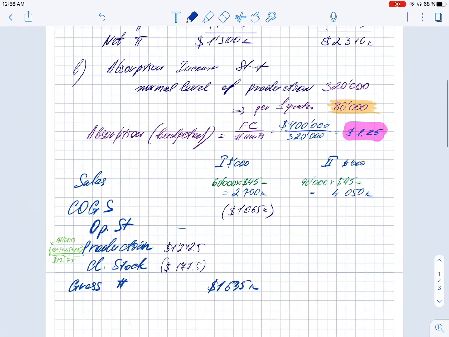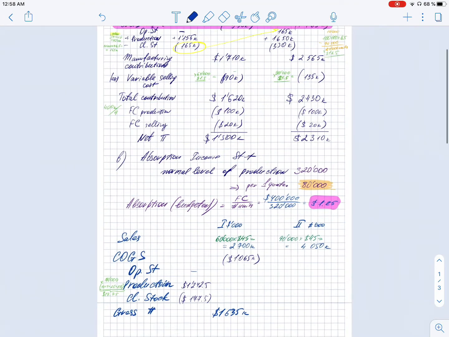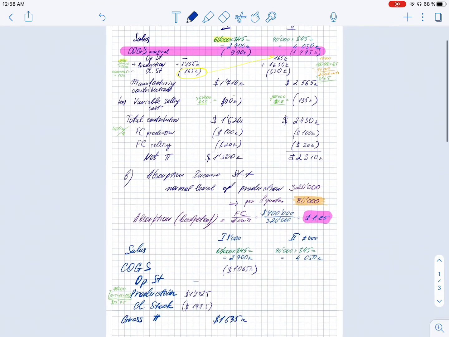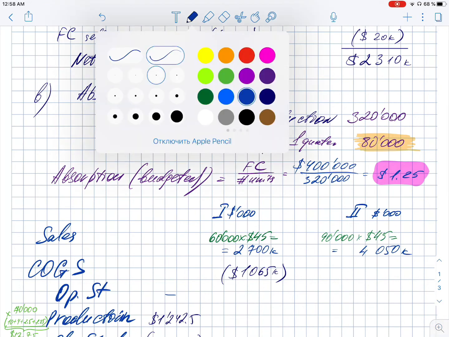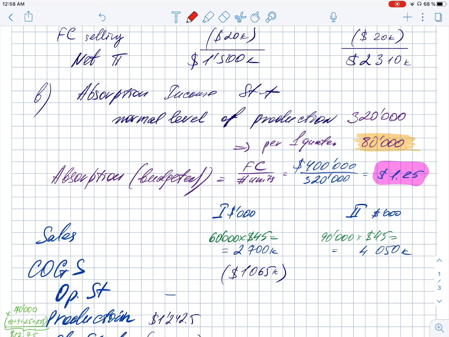Then we have to consider the most difficult and the most important line here, over or under absorption. When we were calculating overhead allocation rate here, we were talking about normal level of production, 80,000 units per quarter. And in the first quarter, the company plans to produce only 70,000 units. That means that the company underproduces 10,000 units.